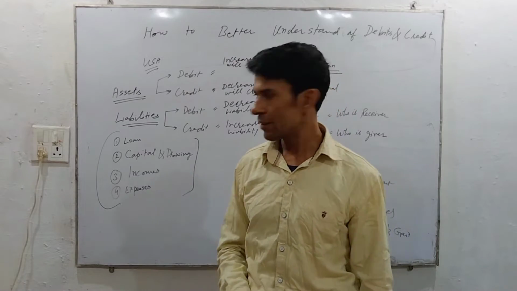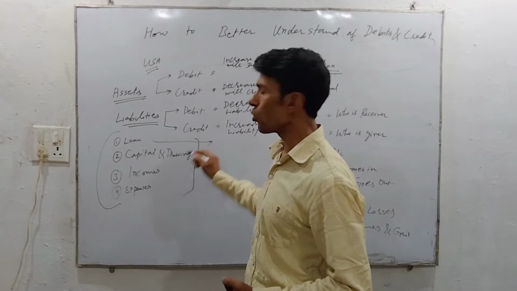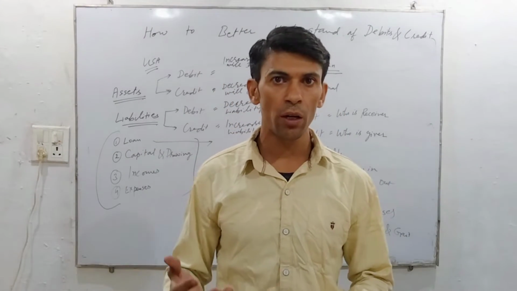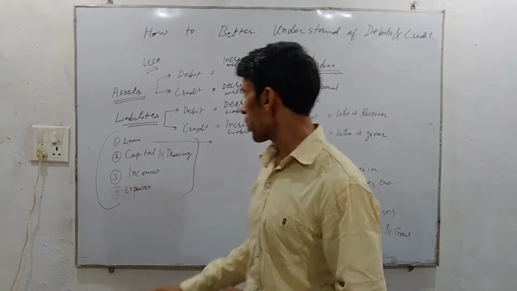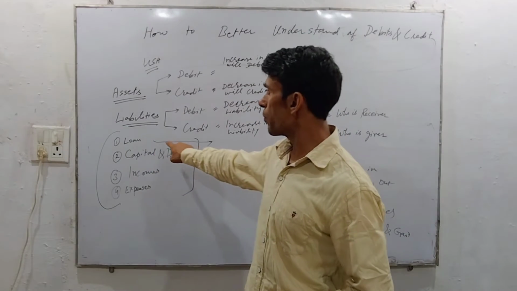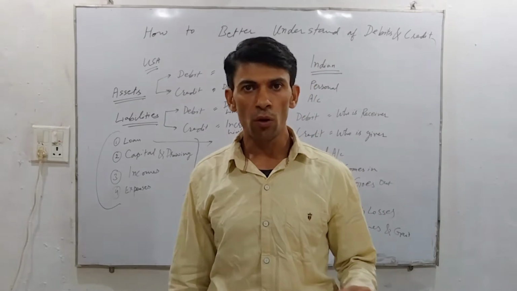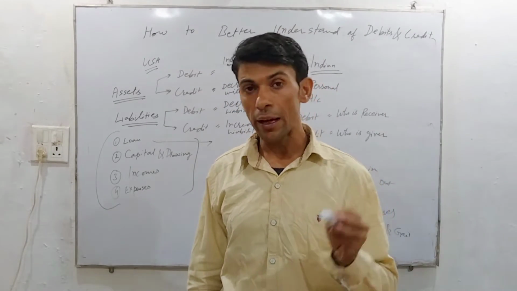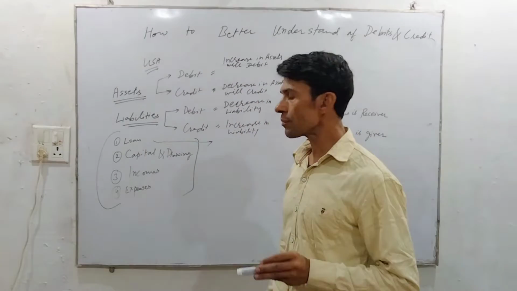I will teach you loan. Loan is a liability. If we take a loan, we have to repay the principal plus interest, so it is our responsibility to repay the loan. So if we took a loan, the loan account, our liability, has increased, and an increase in liability is credit.